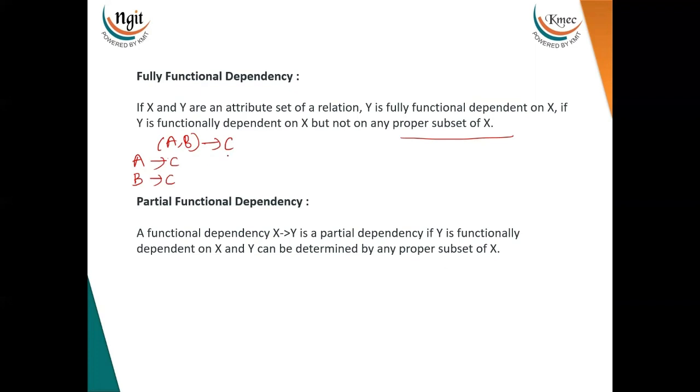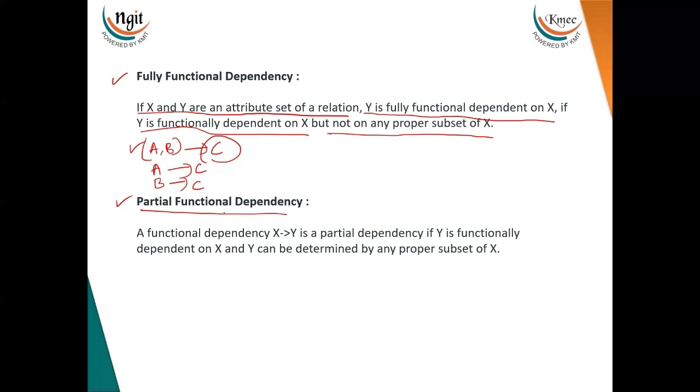If the value of C is also identified with any one of the values of A or B attribute, then we can say that C is not fully functionally dependent. Full functional dependency says that the value for C must be identified with the combination of the values of the set of attributes A and B. Partial functional dependency means we are going to identify the value for C with the help of any of the partial key.